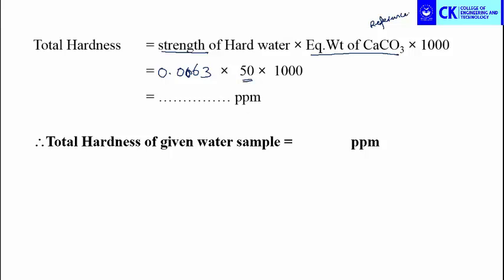We get 315 ppm, which states that 315 parts per million of hardness equivalent to calcium carbonate is present in the given water sample. So you have to write the total hardness is calculated as 315 ppm. From titration 2, we calculated the total hardness of the given water sample.